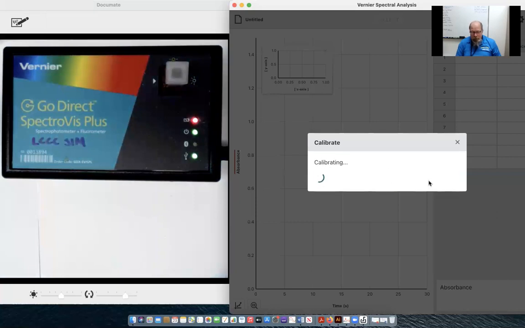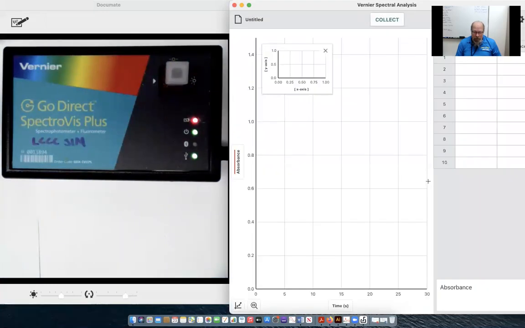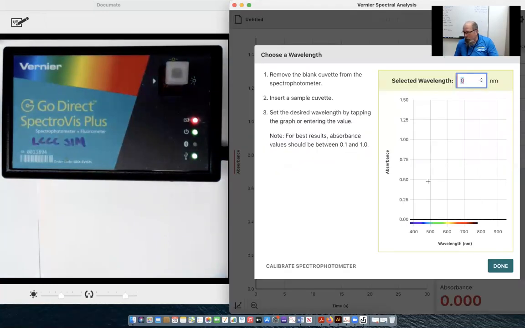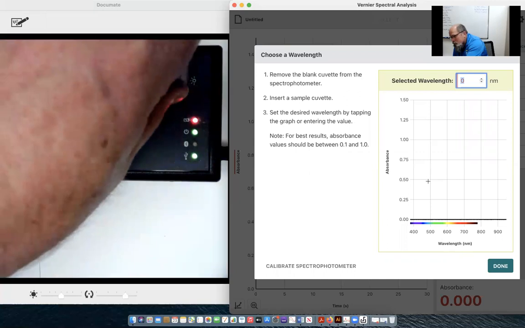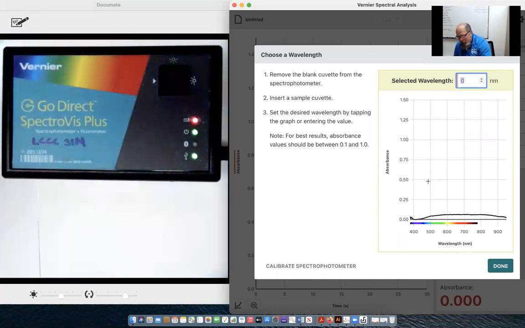I'm going to finish the calibration. It's going to take a reading on that and then basically get an idea of what that value is. And it's canceling out any absorbance of the water as my solution, and also any absorbance by that plastic cuvette.